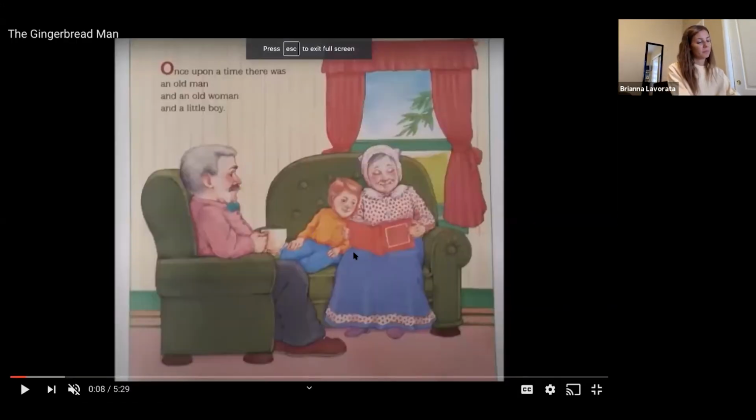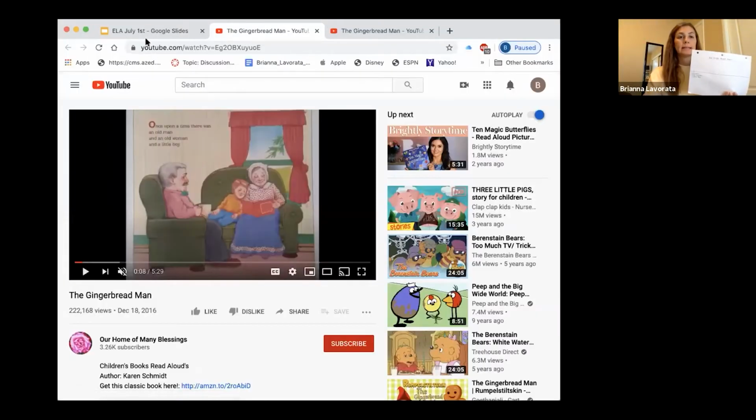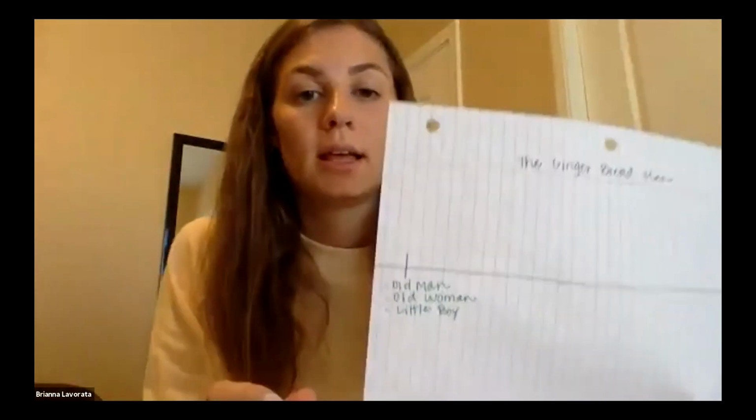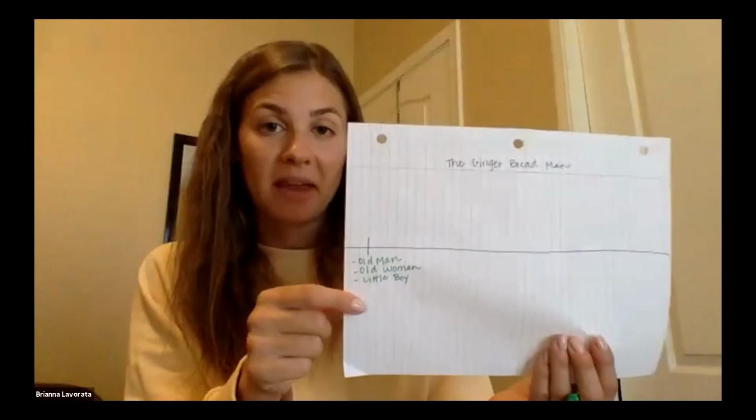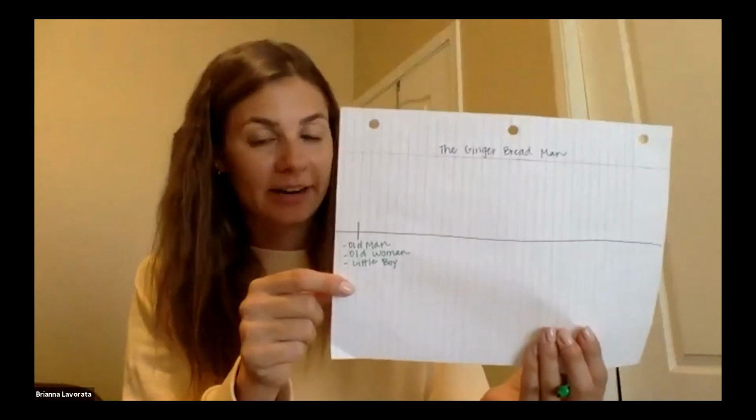So we can write an old man, old woman, and a little boy. Okay, so we can go ahead and write an old man, an old woman, and a little boy, right? That was the main characters of our story.